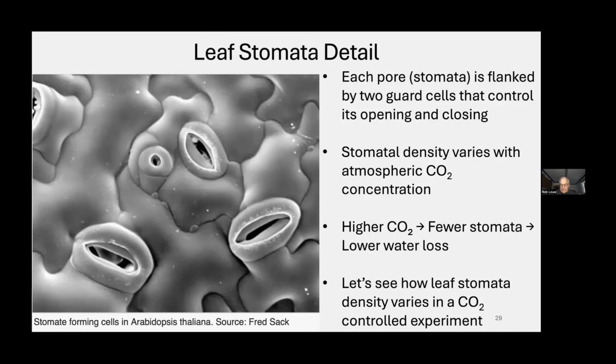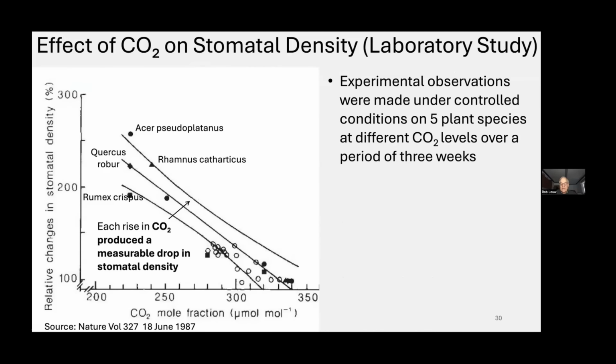Okay, so let's see how the density of these stomata varies under the conditions of a controlled experiment. And here we have it. These are experimental observations that were made under controlled conditions using 5 plant species at different carbon dioxide levels over a period of 3 weeks.